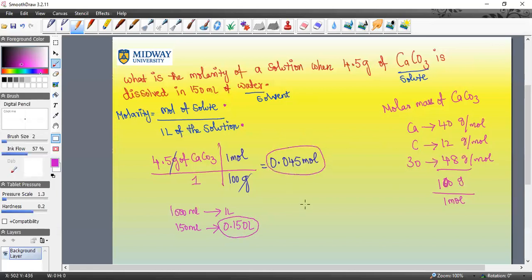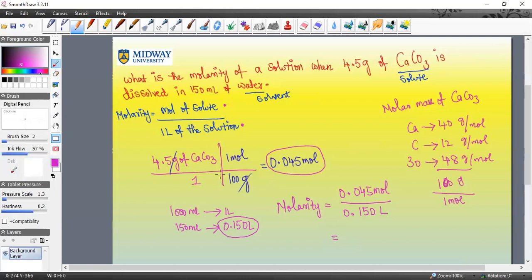Now we just put it into the expression. Molarity equals 0.045 moles. Please write the units next to it, otherwise you'll have no idea what you're dividing. Divided by 0.150 liters.